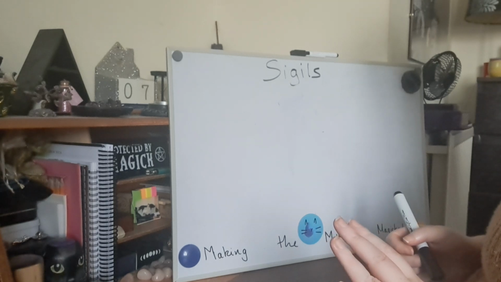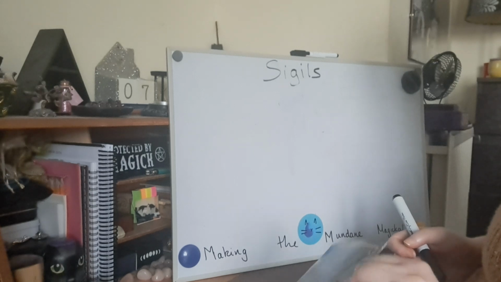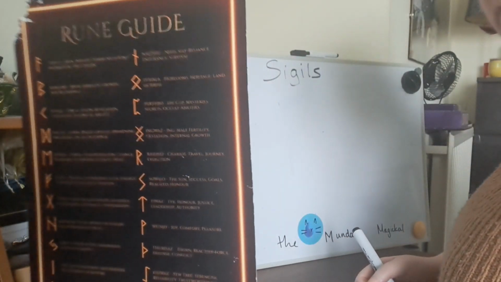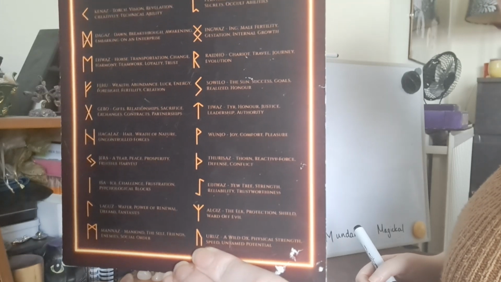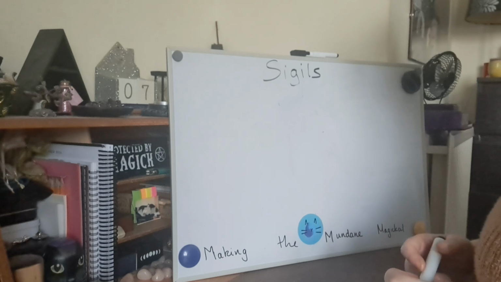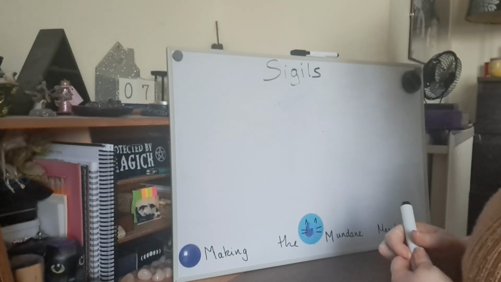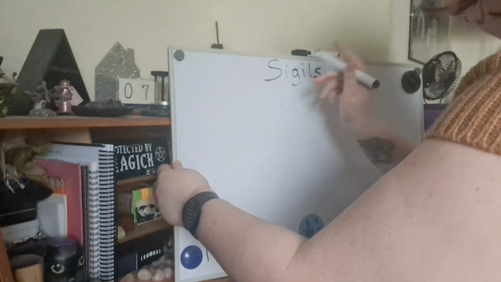Now, if you don't have a rune guide, so something like this with all the runes on them and some keywords for associations of that rune. So we've got, I quite like Dagaz. Dagaz is my favourite at the moment.